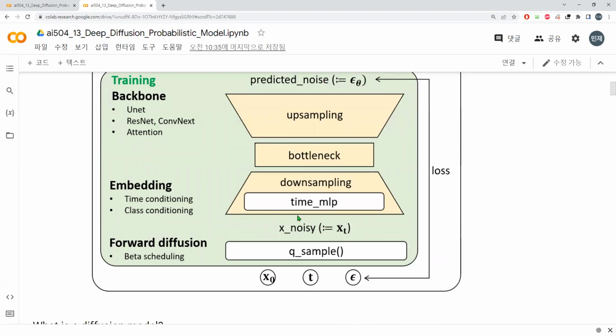The point is this time MLP. This embedding is for time conditioning and class conditioning. And this time MLP layer makes the network, I mean our neural network, total neural network unit, know at which particular time step it is operating.